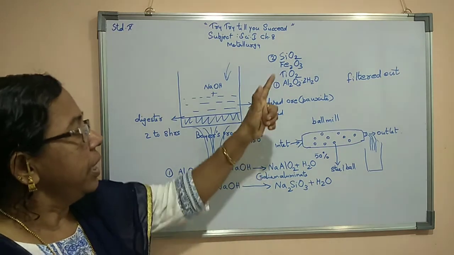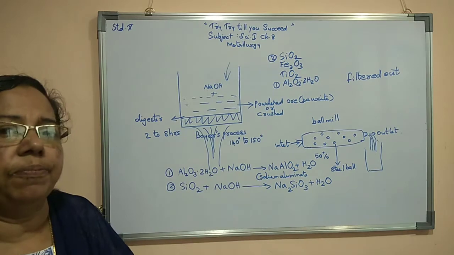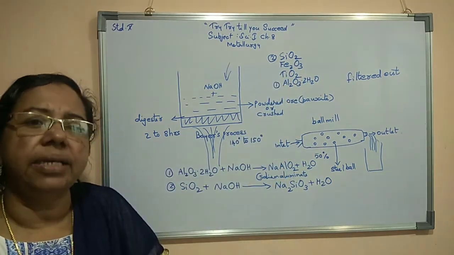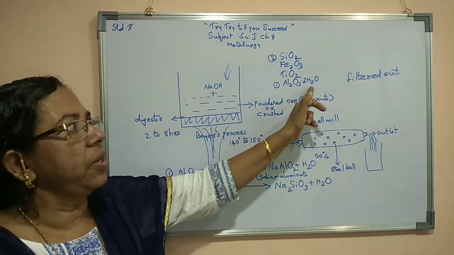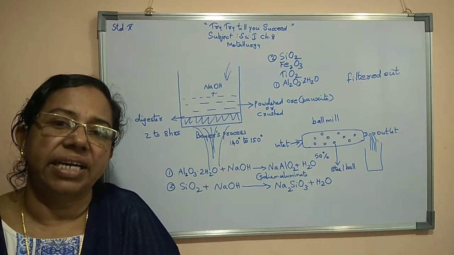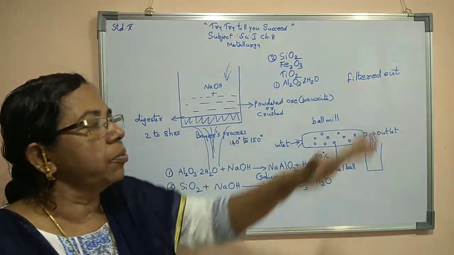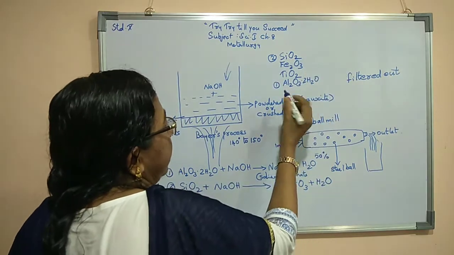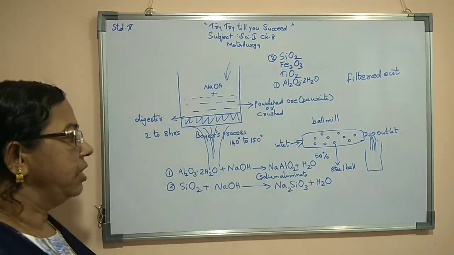Then again, if more iron or titanium is present in these two metallic oxides, they can be separated. But here our intention is to separate only aluminium from aluminium oxide, or bauxite ore. So the remaining things we are removing out. These two things we filtered out and removed.